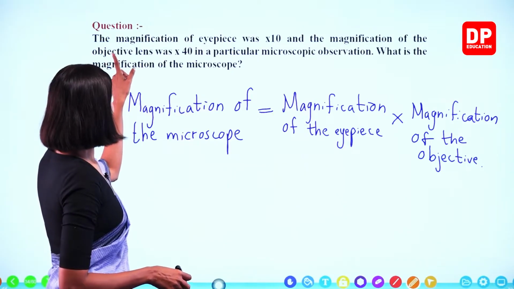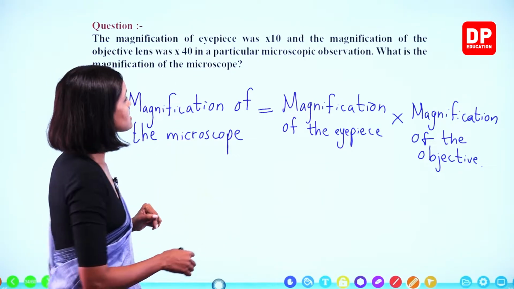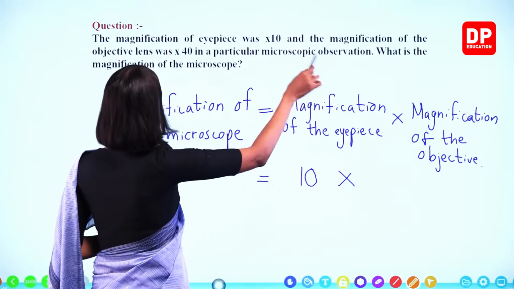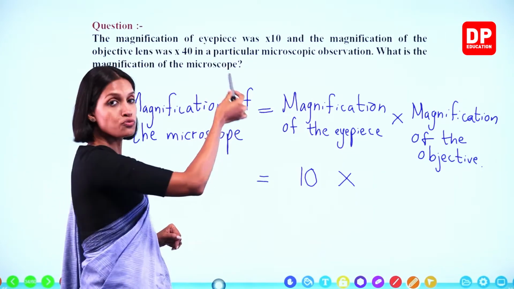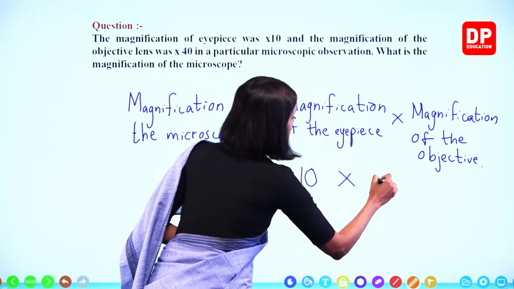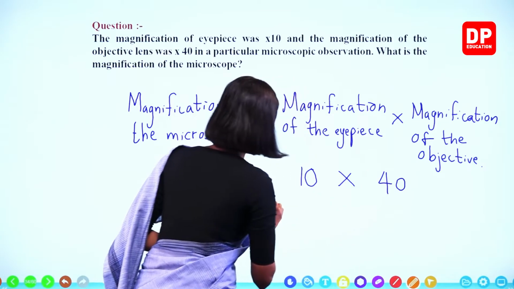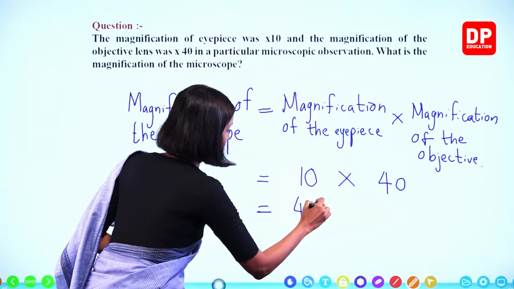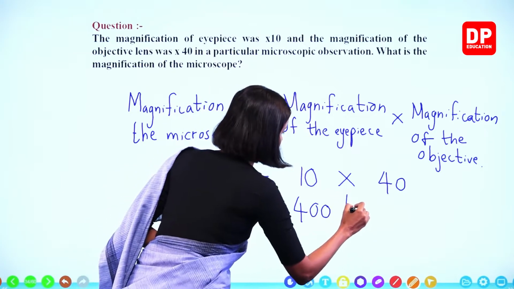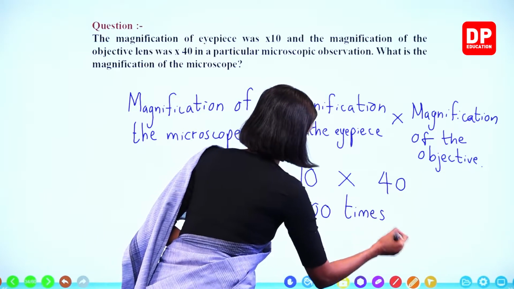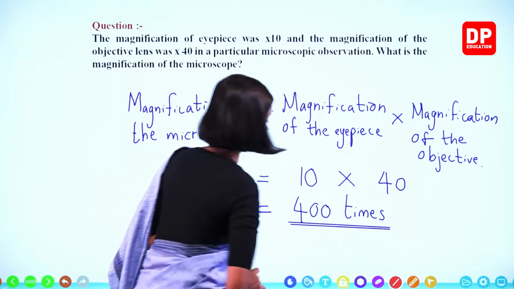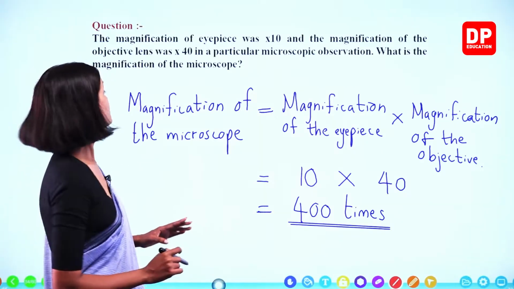So here it's given the magnification of the eyepiece was 10 times. We'll do this 10 times into magnification of the objective lens was 40 times, right? 40. So what is the answer? 10 into 40, 400. 400 times. Magnification is 400 times, right?